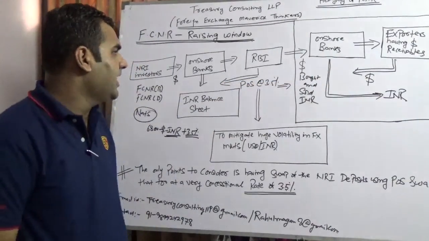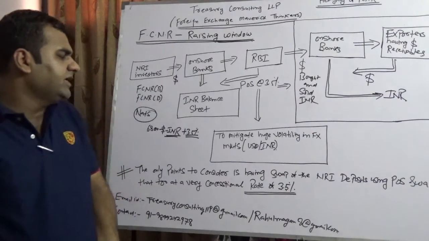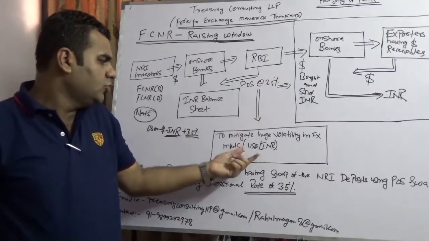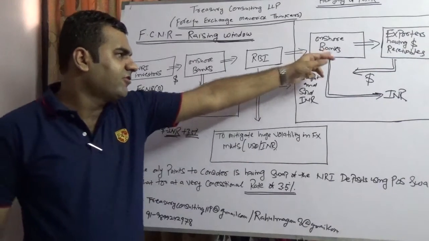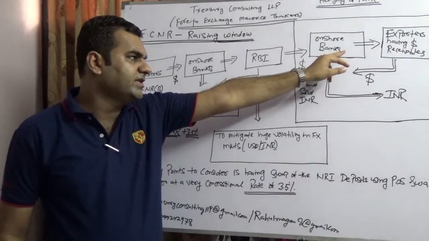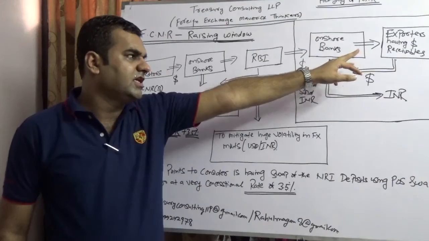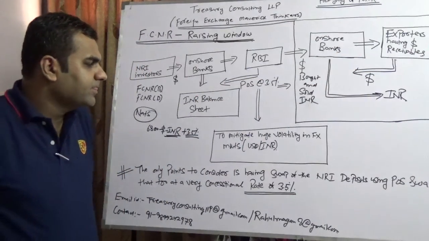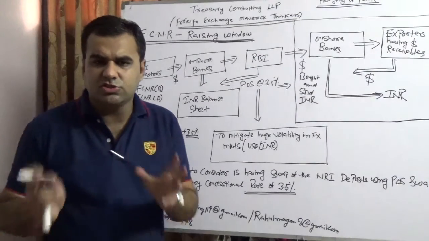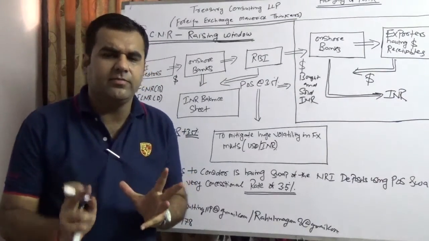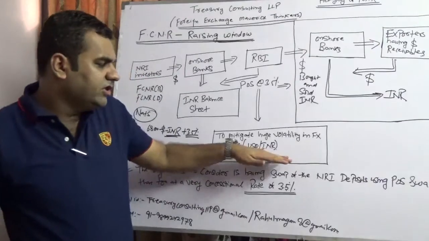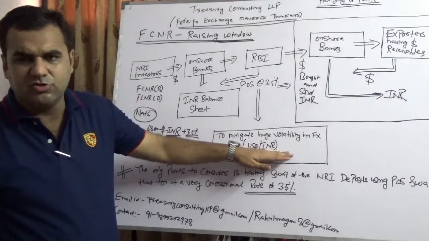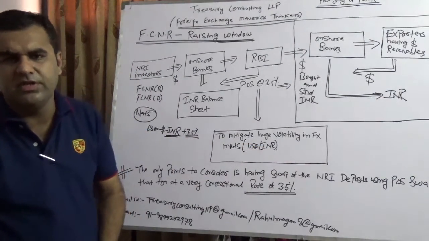I repeat again, RBI utilized this dollar money to mitigate the FX risk, and onshore banks basically bought from exporters who sold to them. But there is a catch in that. The number one catch is that the whole story is dependent upon two things. Number one, the utilization of the foreign exchange which you got, which was approximately $26 billion.